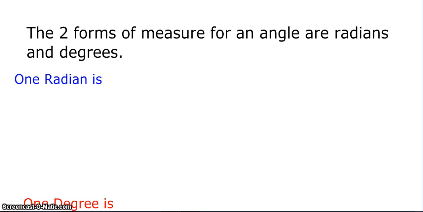Okay, so we have two forms of measure for an angle. Those are radians and degrees. So what is 1 radian?